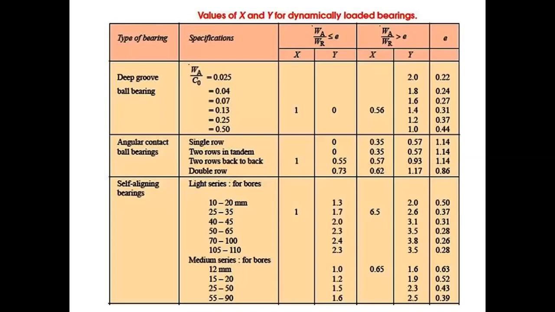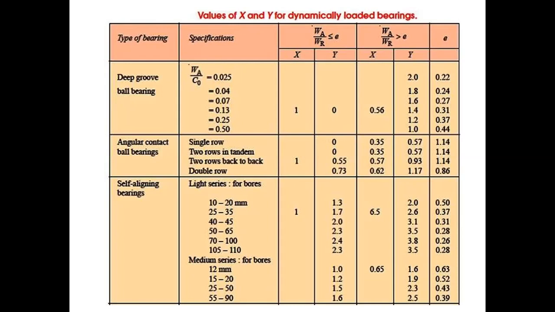The values of X and Y for dynamically loaded bearings, meaning the axial load factor and radial load factor, are different for deep groove ball bearings, angular contact ball bearings, and self-aligning bearings.